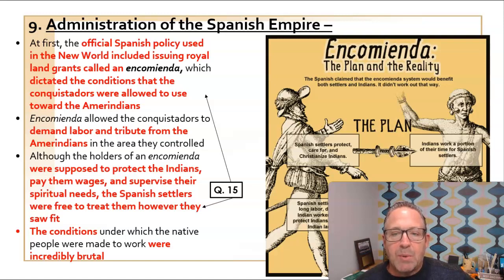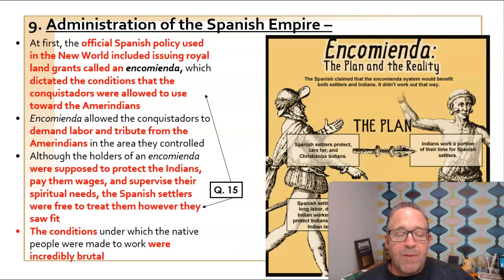What these Spanish settlers were to do, in return, was to pay the Amerindians, treat them humanely and justly, look over them, and also, if desired, help them convert to Christianity, specifically Catholicism. Okay, so that was at least the plan.